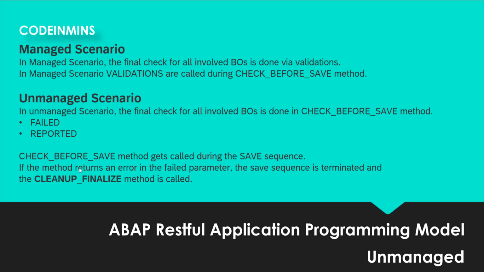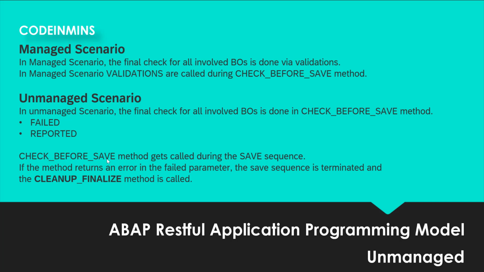Now there are more methods available along with the check before save method, and one of them is the cleanup finalize method. But this is one method which specifically gets triggered based on the result sent by the check before save method.